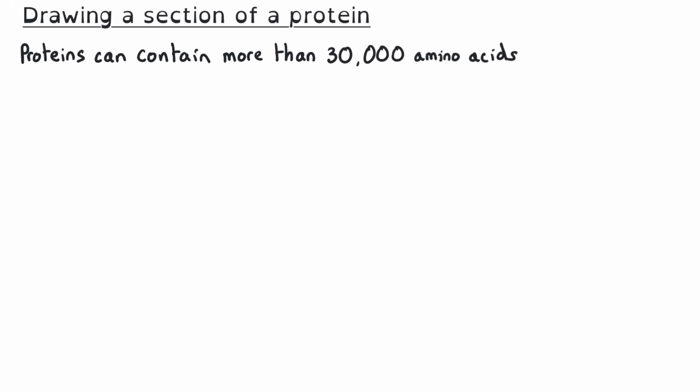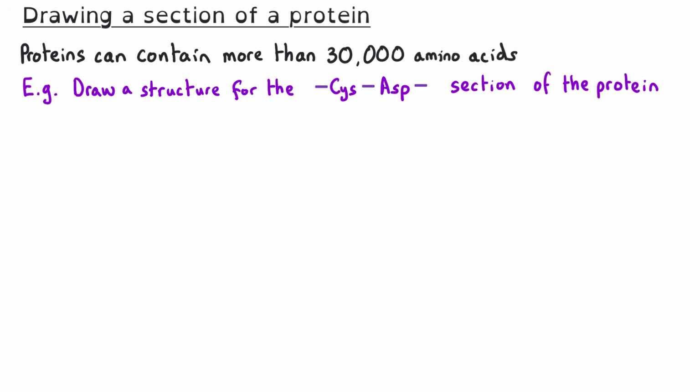Unlike peptides, which usually contain between 2 and 50 amino acids connected together, proteins can contain more than 30,000 amino acids, which is why exam questions typically ask you to draw dipeptides, tripeptides, or small sections of a protein.